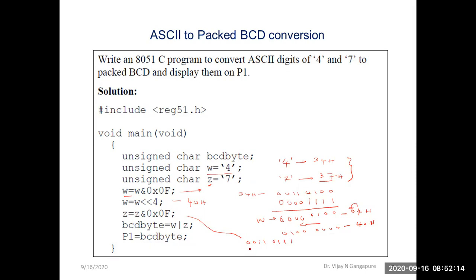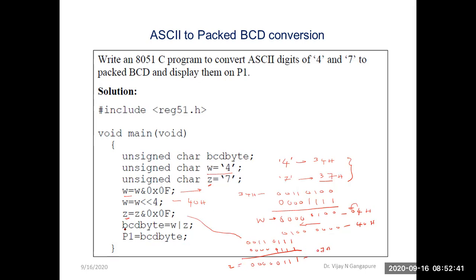It is bitwise ANDed with 0f, that means 0000 1111. This will produce 0000 0111, and the remaining bits will be 0, because anything ANDed with 0 is 0. So this is number 07H, that will be available in Z. So Z will be 07H.